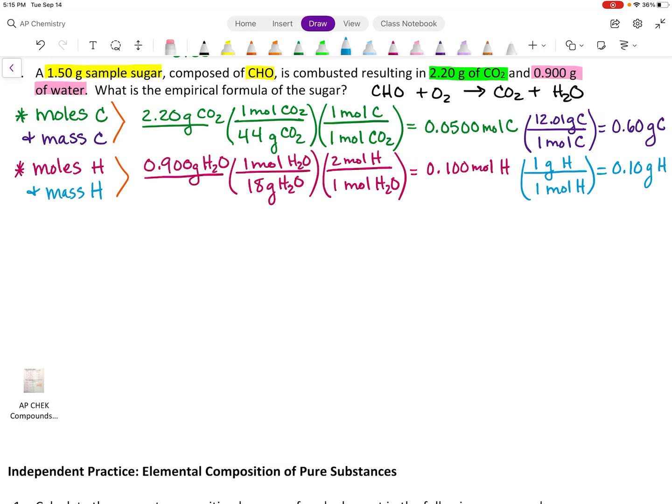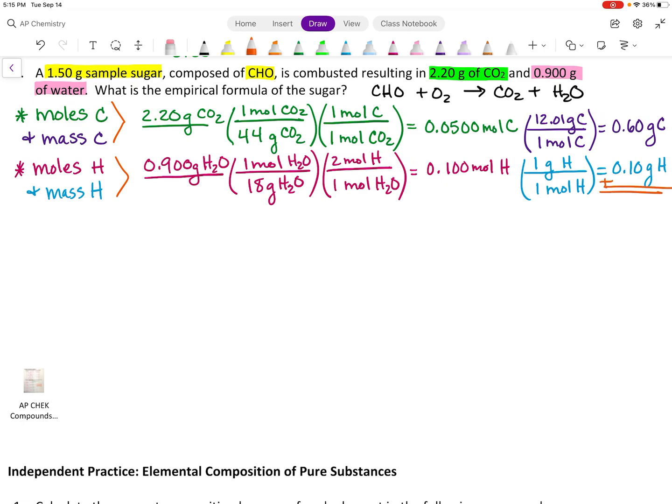So to find the moles of oxygen, we know that conservation of mass, or conservation of matter, says that the amount of our sample that we start with should be the mass of the total of carbons, hydrogens, and oxygens at the end. And so what I want to do is go ahead and add those values up. Okay, so I am going to grab this color here, orange.